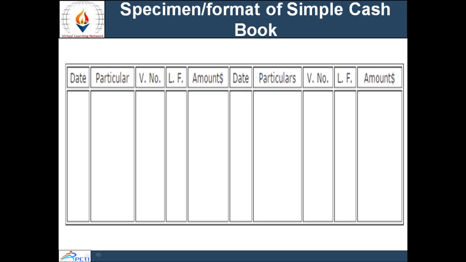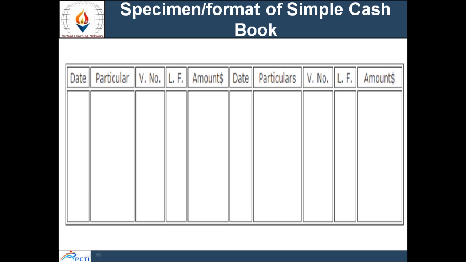Next one is voucher number, V number. The voucher number of each item of receipts and payments is also written. A voucher is necessary for each item of receipt and payment. Generally, a voucher has a serial number and this number is written in this column. When cash is received from a debtor or customer, generally a receipt or a cash memo is issued to the debtor, which is called a receipt voucher.